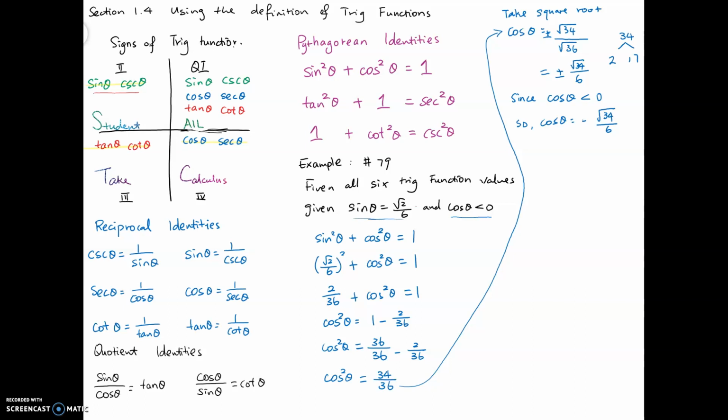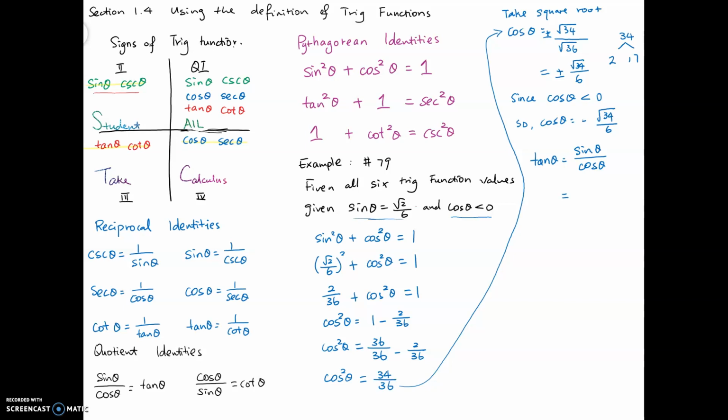Next, I need to find tangent theta. You can use different ways to find tangent theta, but here I'm just going to do the easy way. So tangent theta, according to the quotient identity, is equal to sine theta over cosine theta.